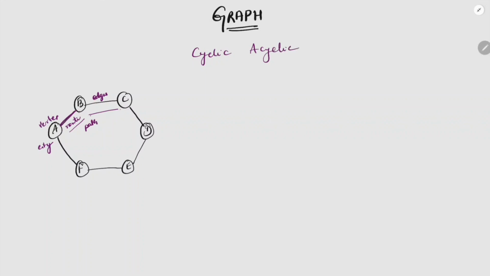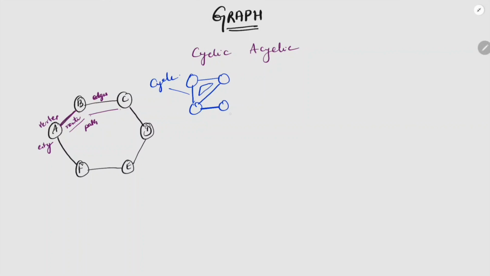For this, first we need to understand what a cycle is. A cycle occurs in a graph when there are a few vertices that are connected so that they form a loop in the graph. To draw an example, if we consider this graph which has four vertices, and let's say these three vertices are connected this way and this vertex is connected to this vertex, then these three vertices together form a loop, and this is called a cycle.